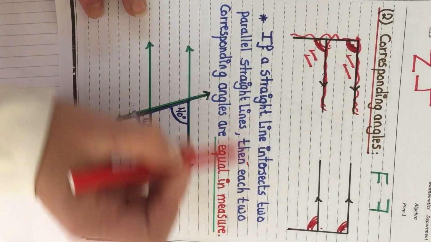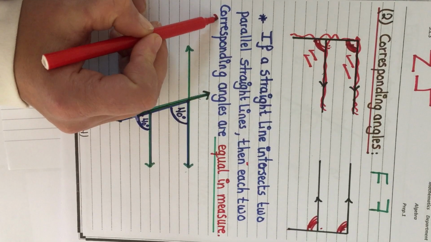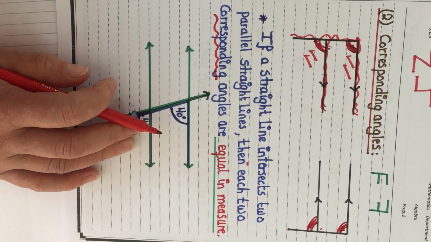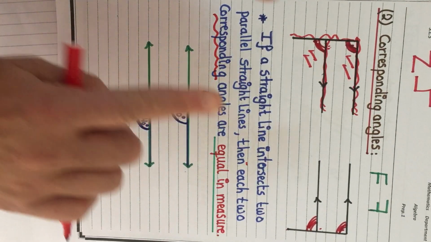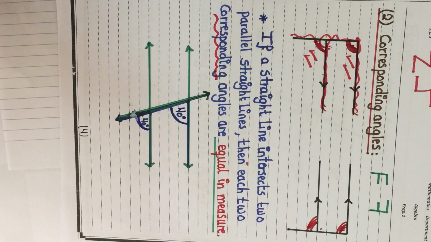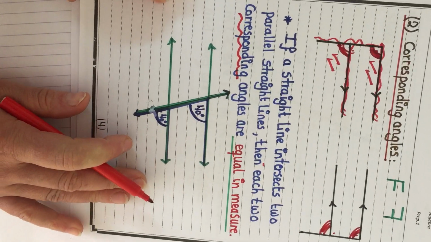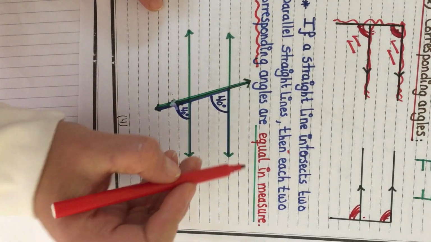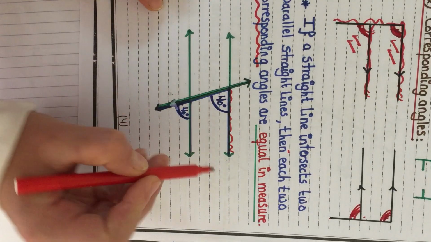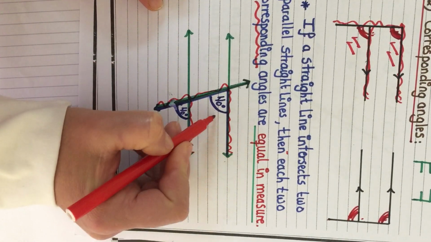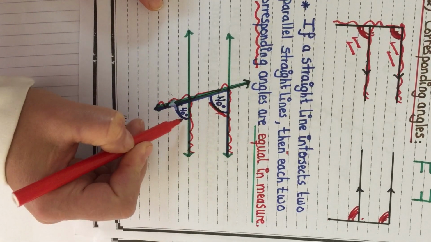So if a straight line intersects two parallel lines, then each two corresponding angles are equal. So corresponding means F. We said first that whenever we have two parallel lines and a transversal, alternate means Z, corresponding means F. Let's see the letter F here: a parallel line, another parallel line and the transversal, the letter F. So if we have 40 here, we leave the next and take the one after.